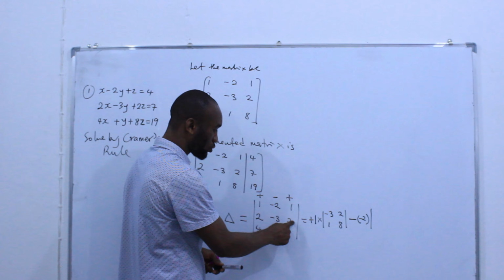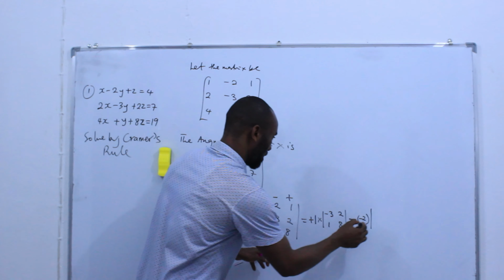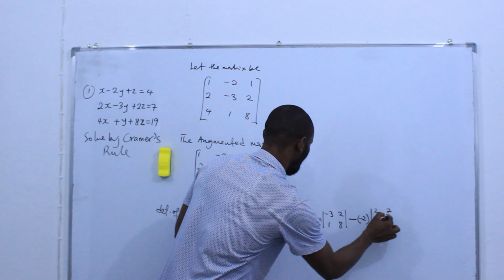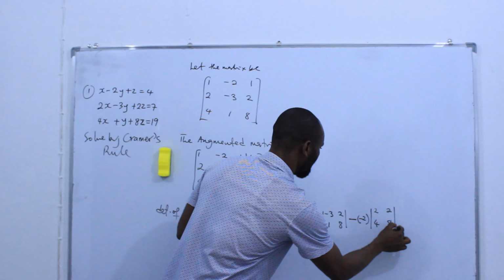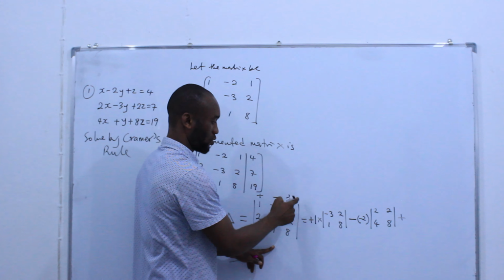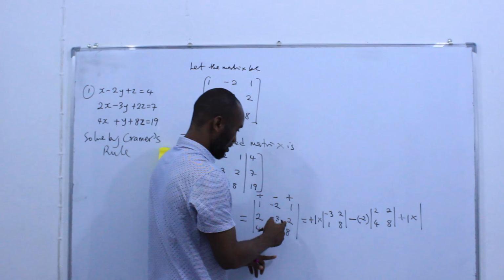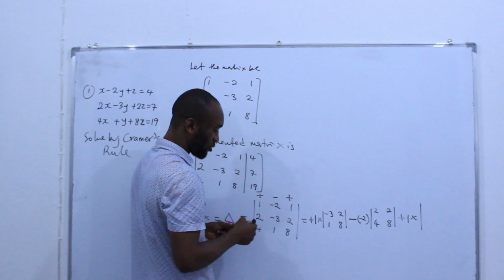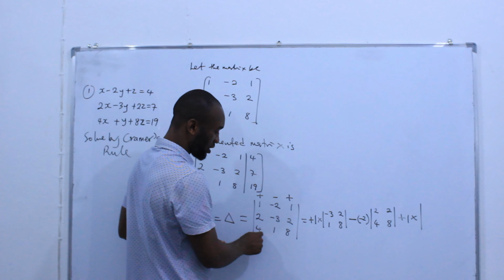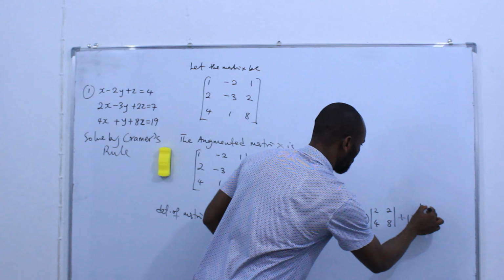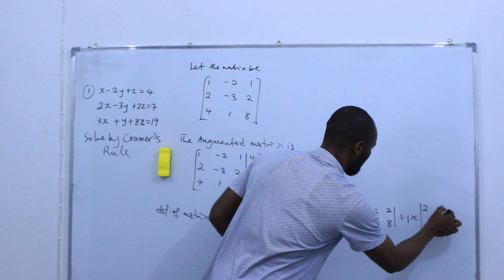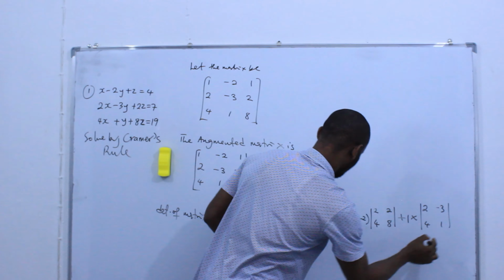You are left with 2, 2, 4, 8. Plus 1 times the determinant: eliminate 2 and 8 and minus 2 and 1. You are left with 2, minus 3, 4, 1.